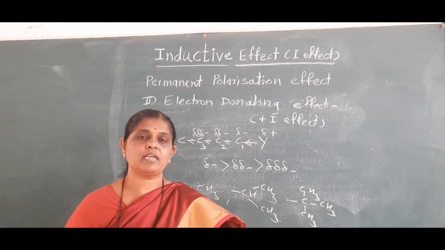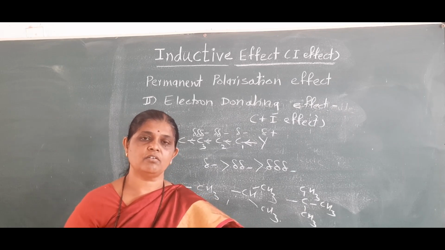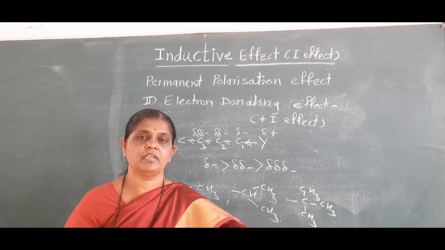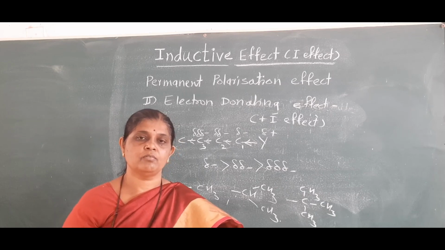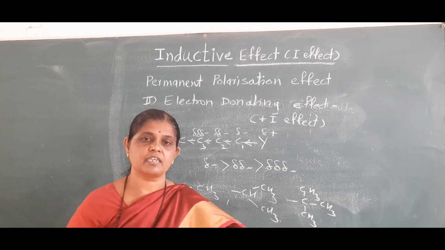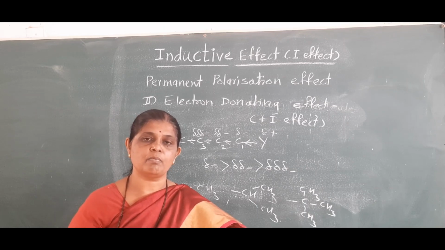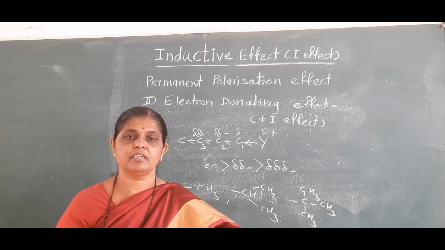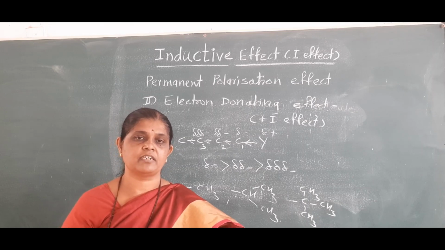Thus, there are two types of inductive effects, electron donating and electron withdrawing. Any atom or group attached to the carbon system, if it withdraws the electron density toward itself, shows electron withdrawing inductive effect. If it donates the electron density towards the carbon chain, then it is plus I effect, that is, electron donating inductive effect.